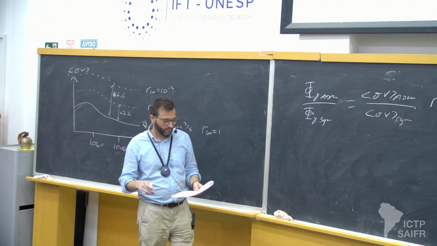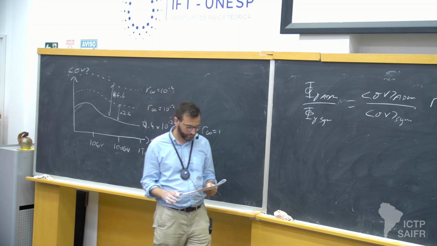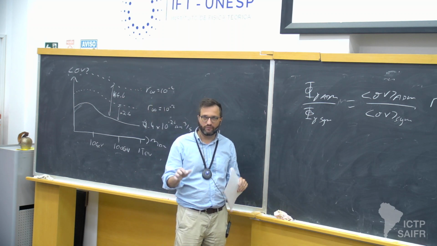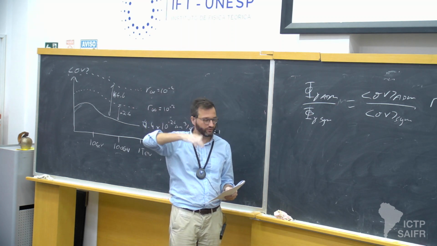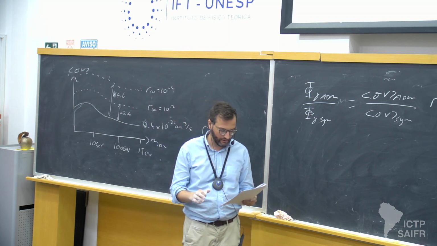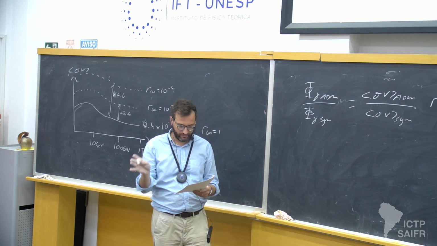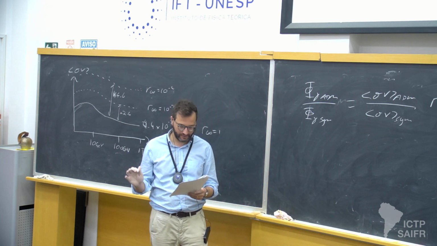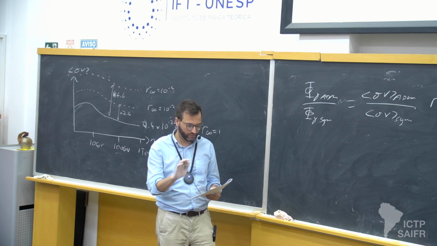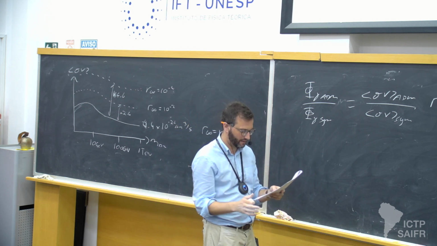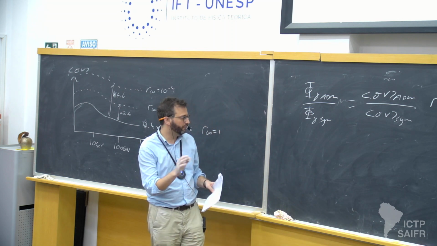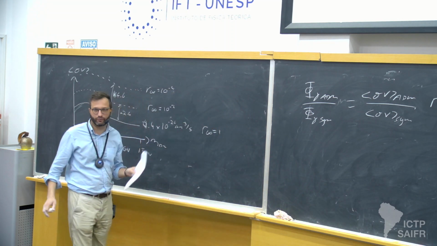So practically speaking, even with models with light mediators, where you get boosted cross sections for indirect detection, the stringent CMB or Fermi limits on models with this Sommerfeld enhancement that then decay into standard model states disappear for R infinity below 10 to the minus 4 or so.